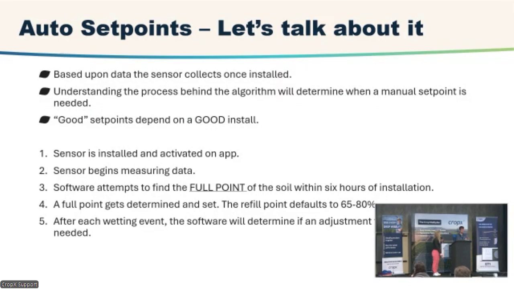Do you want to touch on auto set points? Yep, sure. So we talked about this in one of the breakout sessions, but from a basic level, we have coached this feature to watch for trends with the data to identify field capacity. We can show examples of this later, but basically, at some point, moisture peaks.